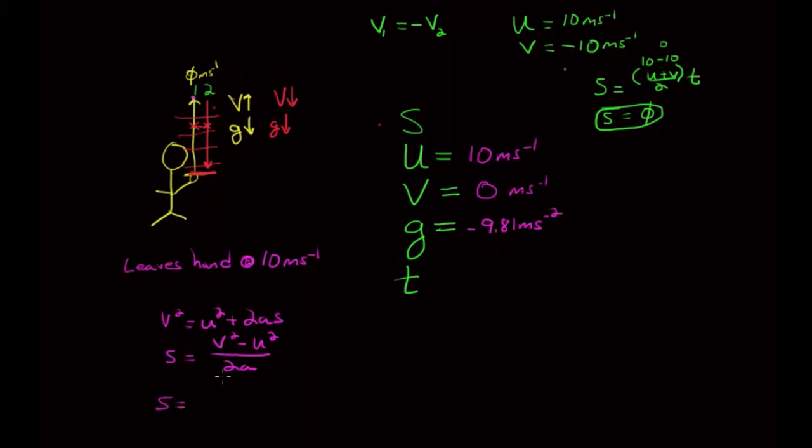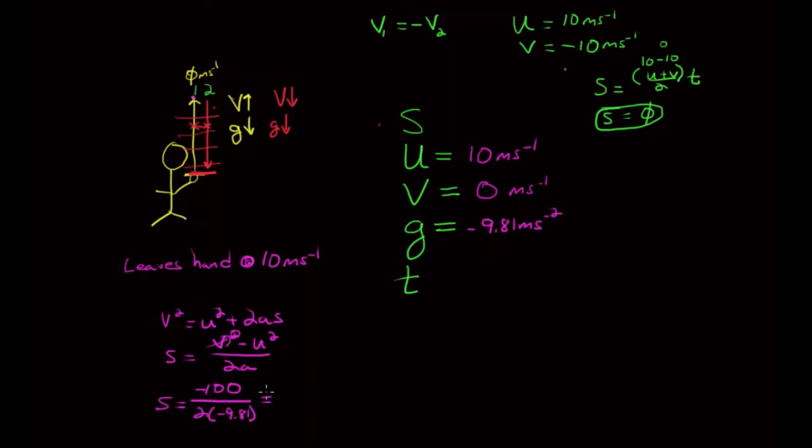Okay, so S equals 0 minus 100, because 0 squared minus 10 squared is minus 100, over 2 times negative 9.81.